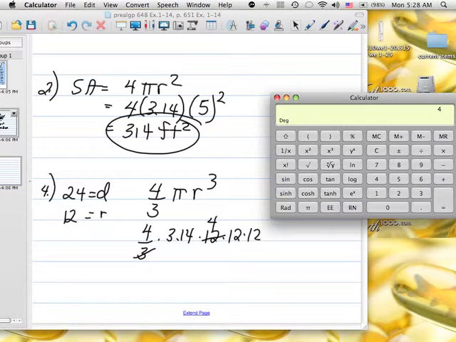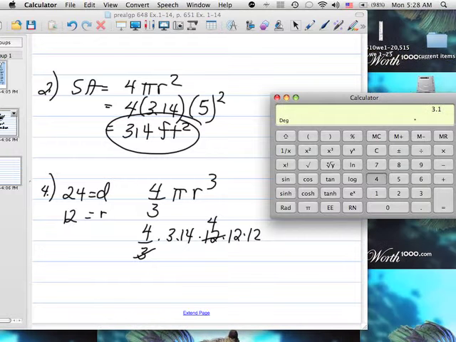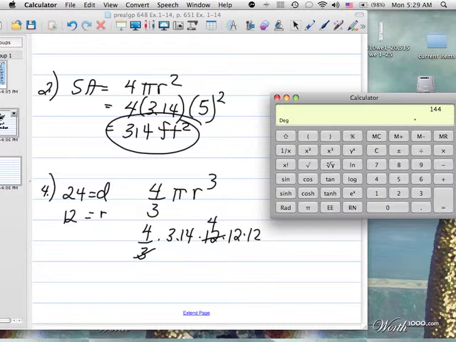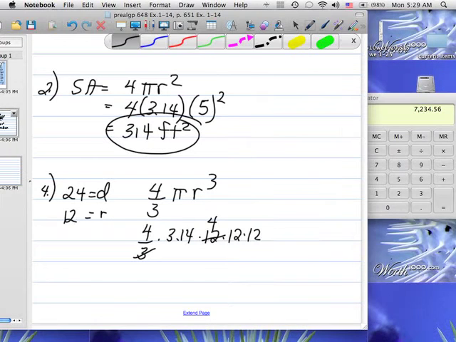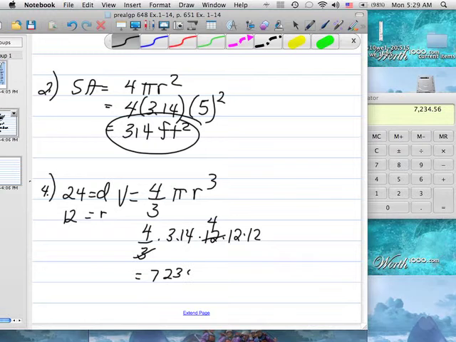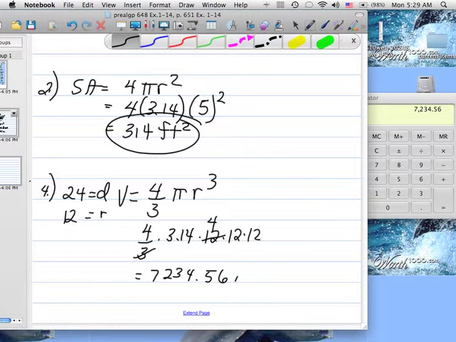So all I have to do is take 4 times 3.14 times 4 times 12 squared, or 2 of those. And my answer is 7,234.56 cubic inches.